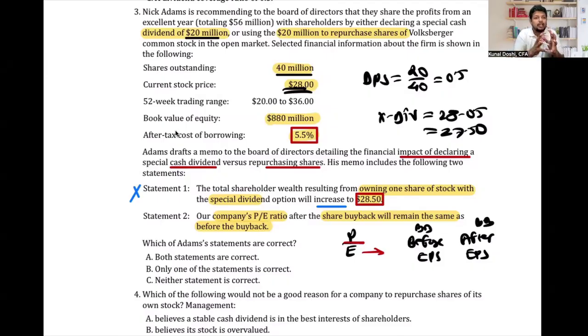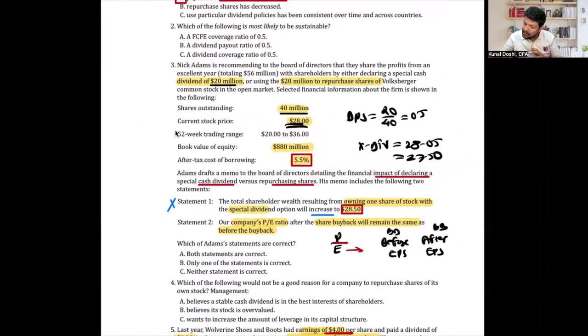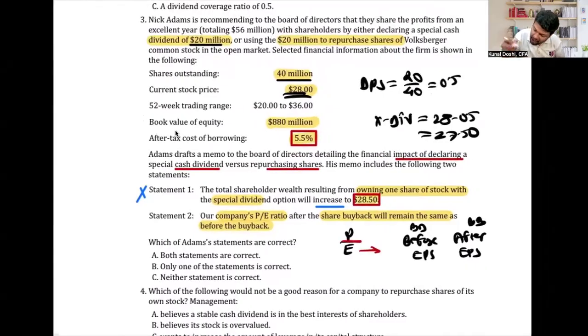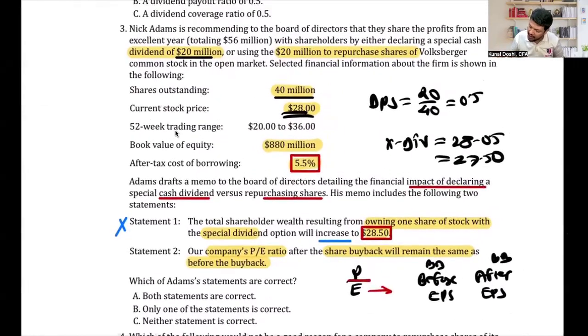My EPS before, the PE ratio based on that EPS, and the EPS later after the buyback is done. If the earnings per share is increasing, my PE ratio won't be the same. Understood, everyone? So you can calculate the earnings per share before and after the buyback.